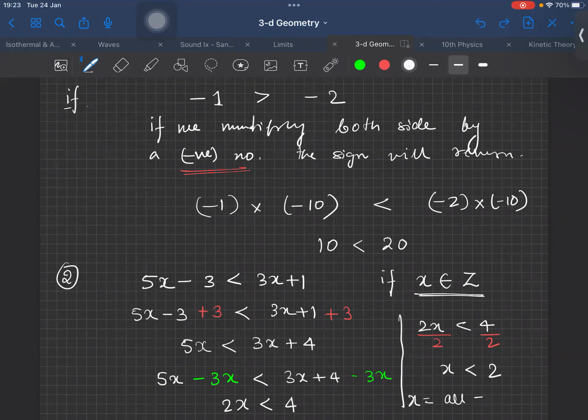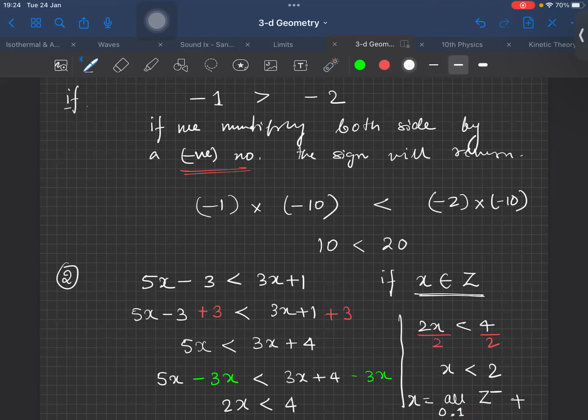So let me write Z minus, plus 0 and 1. It is not equal to 2 because there is no equality sign. If we had an equality sign, then it would also be equal to 2, and we would take 2 into consideration. But here we don't.